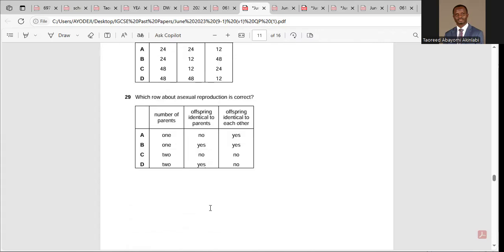For 29, which rule about asexual reproduction is correct? For asexual reproduction, the number of parents is 1, and the offspring will be identical to the parent. That's yes. And offspring do not necessarily have to be identical to each other.